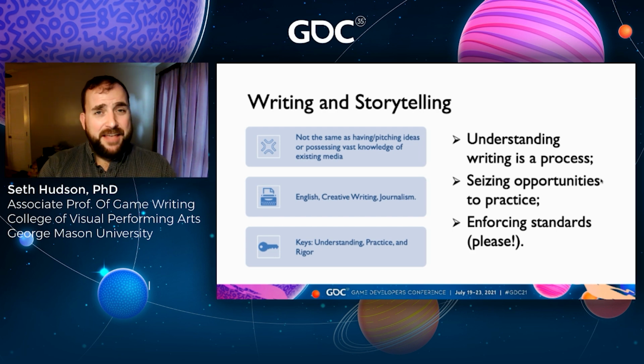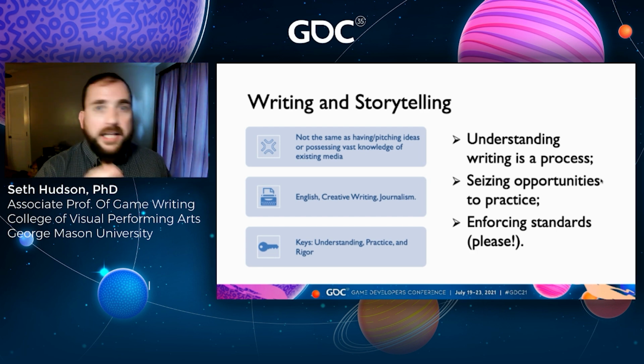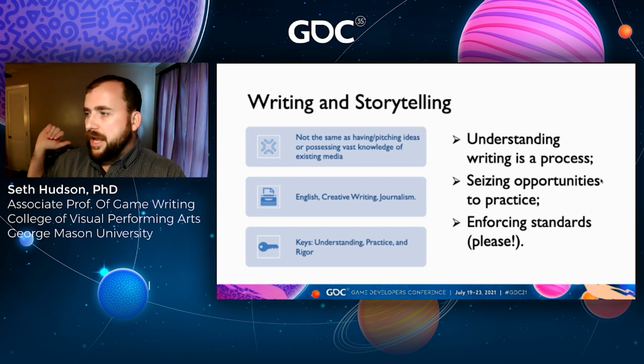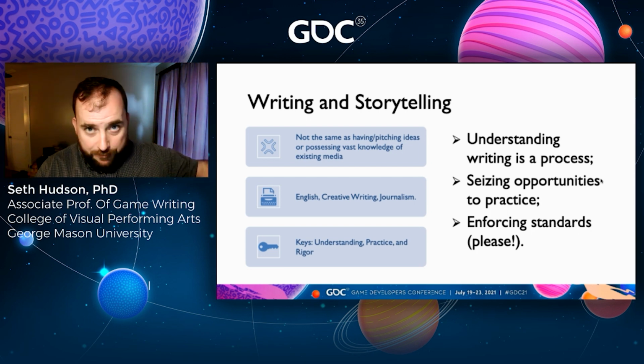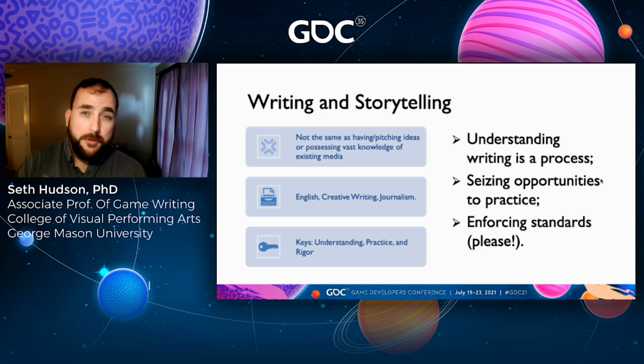Lastly, enforcing standards. This rubs people the wrong way, but at least in our curriculum, there's lots of writing. People write pitch documents, game design docs, or it might just be an analysis or review of a game. If we don't have rigor, and we end up rewarding what I'll call bad behavior, right?